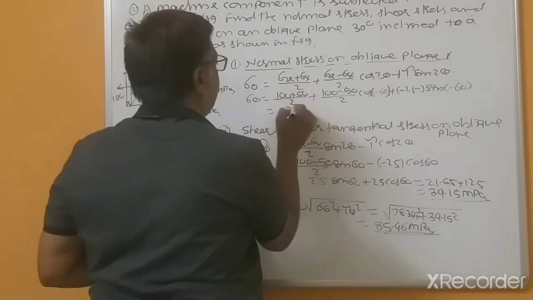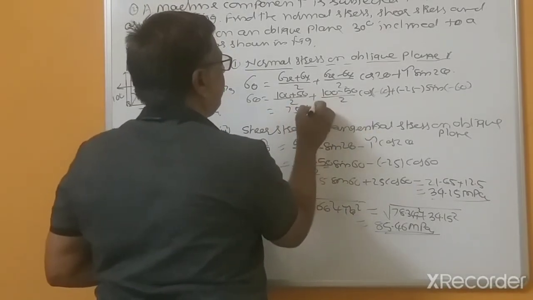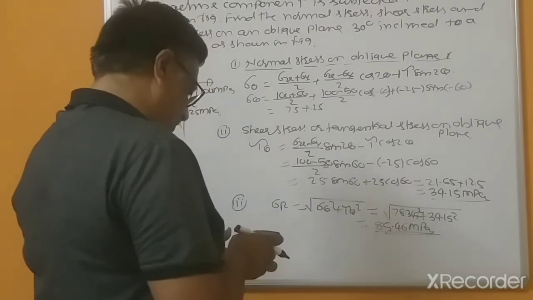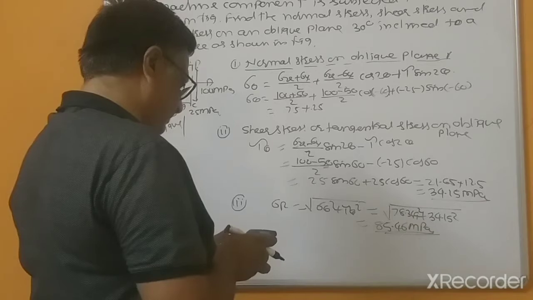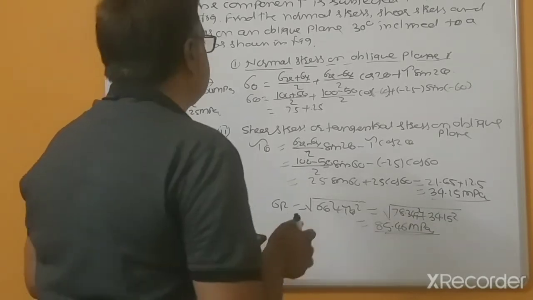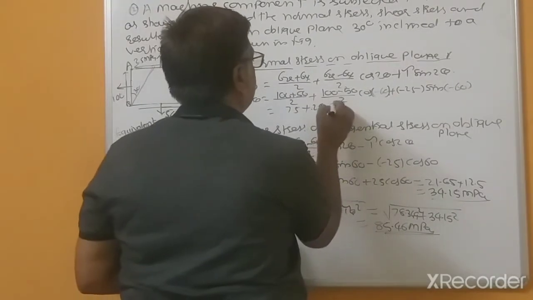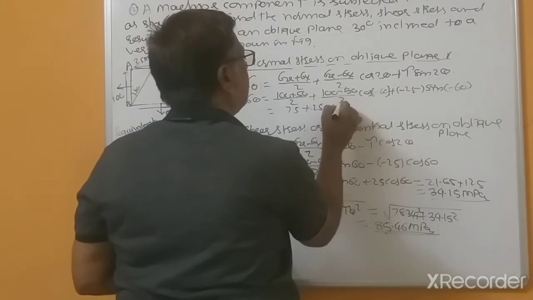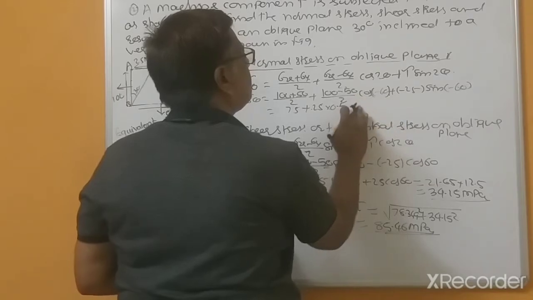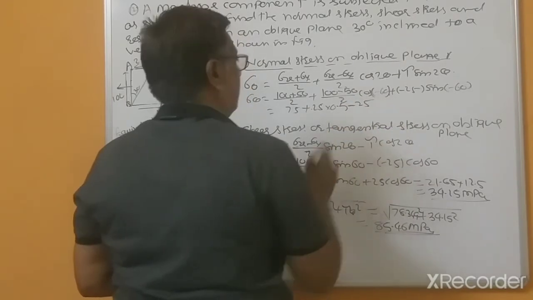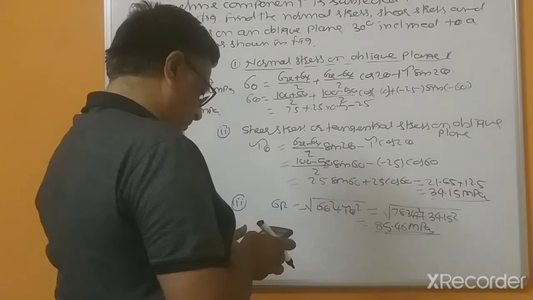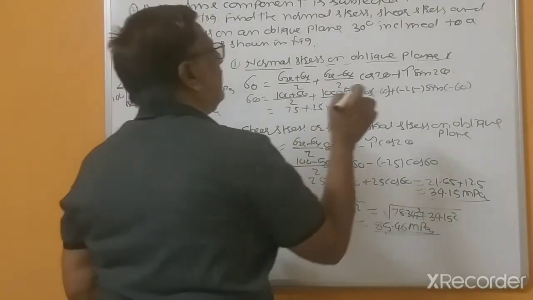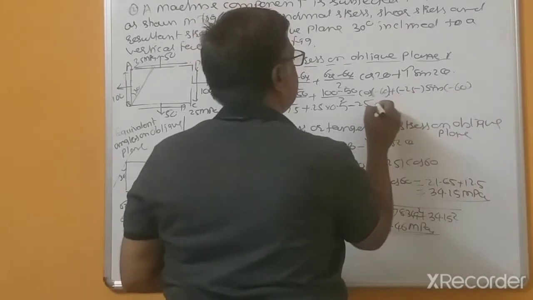So this is 75 plus 25 cos minus 60. This is again 0.5, minus 25 sine. So this is minus, this becomes plus.